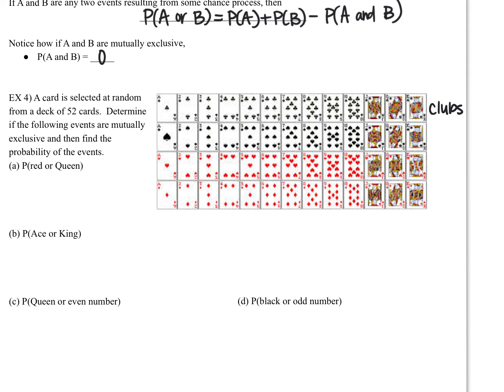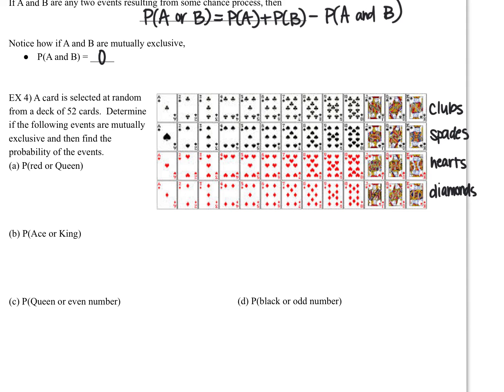Then we have ace to king in spades, ace to king in hearts, and then ace to king in diamonds. So there's 52 total cards in the deck. Each suit contains 13 cards because there's 4 suits and they're evenly split up.